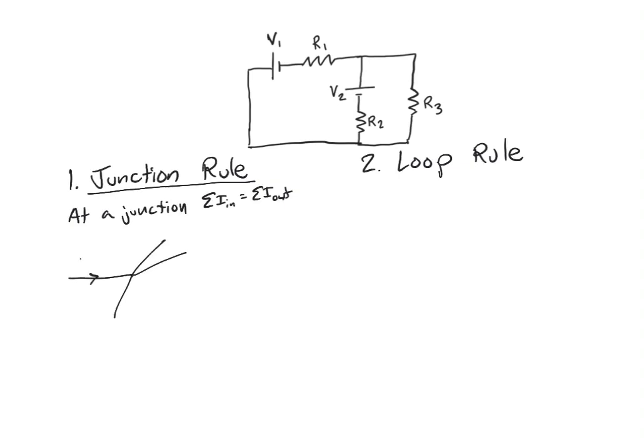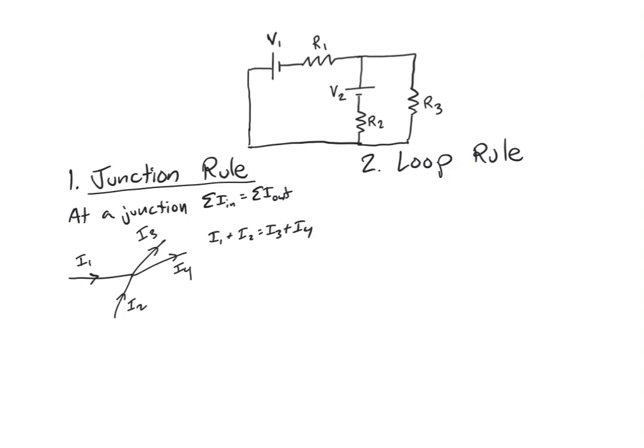Any currents I have going in have to be equal to the sum of the currents I have going out. So in this case, this means I1 plus I2 would be equal to I3 plus I4.